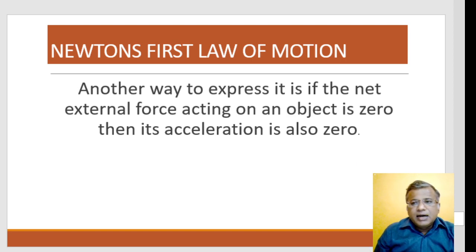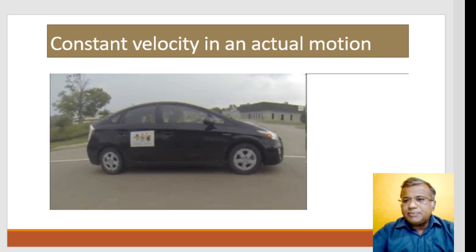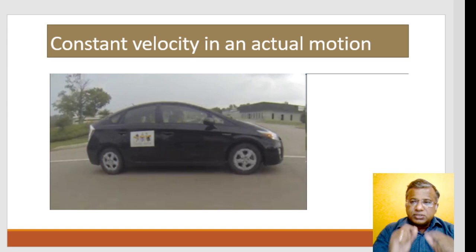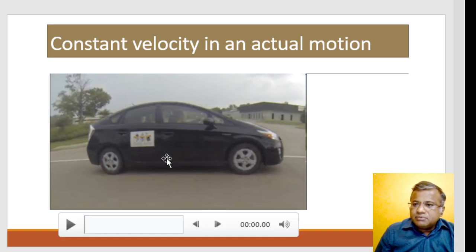Let us take a practical example. Say a car is going with a constant velocity. Please remember the word I'm using: constant velocity. If the car is going with constant velocity, then this car will have some mass.